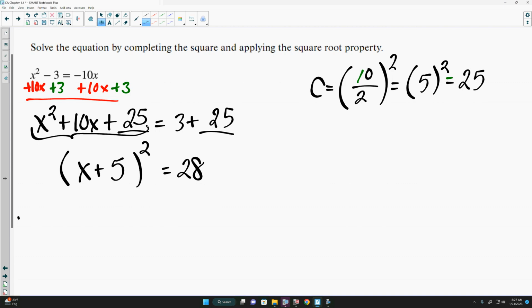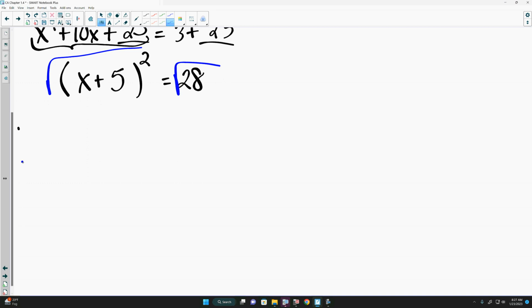Now, in some of the assignments, it is going to ask you to give this as part of your answer because it's going to be 2 parts. One's going to ask for the solution, and one's going to ask for it to be factored into this set. So you'll put that in as your first answer. Now, the next thing we're going to have to do is square root both sides. If we square root both sides, these will cancel, telling us x plus 5 is equal to plus or minus the square root of 28, which is going to be 2 square root of 7.